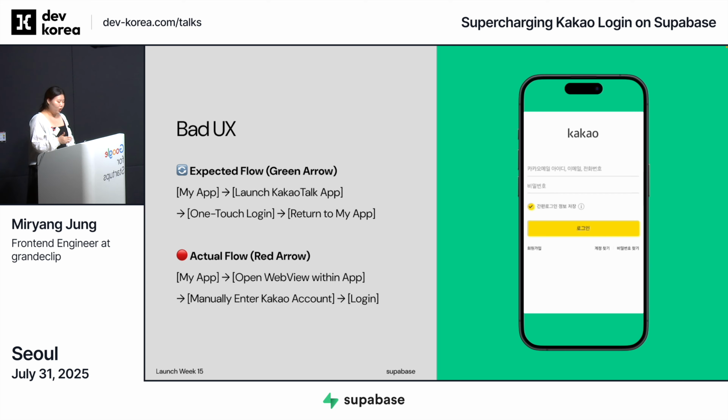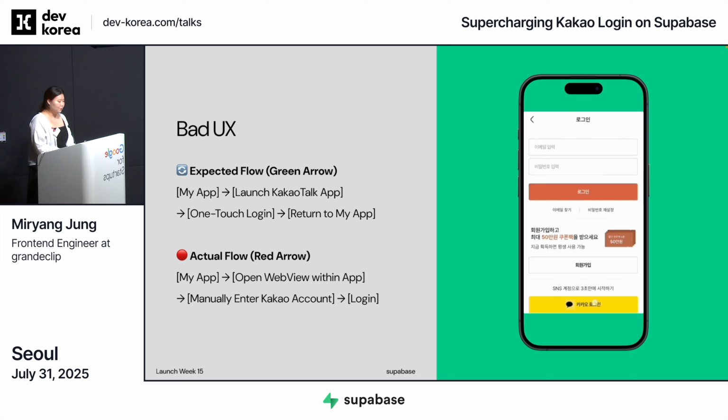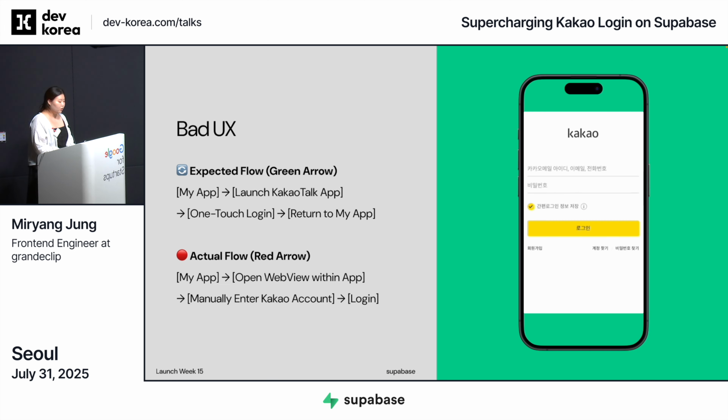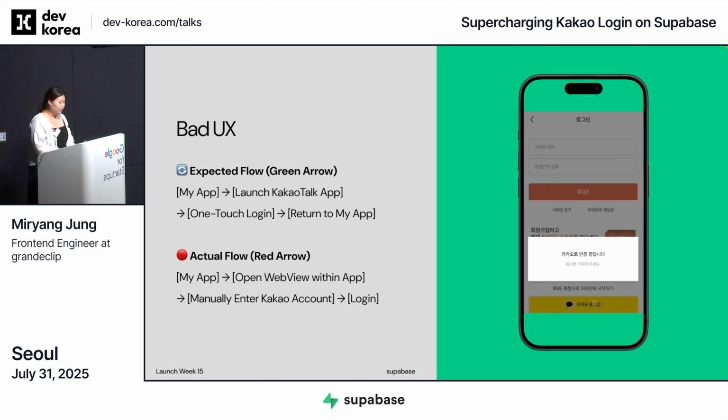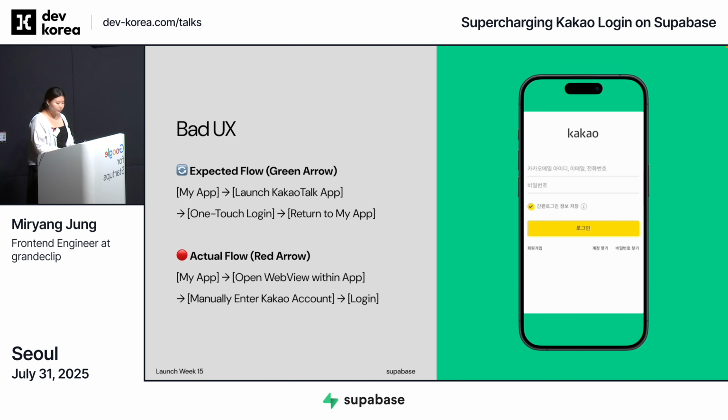If auto login isn't on, even I hit forgot password. So this wasn't just a small hassle. It broke the login flow and could make more users leave. It felt like a disconnected experience. As a developer, using the native SDK might fix it, but there was no standard way to pass the result back to Supabase, so we couldn't use it well.